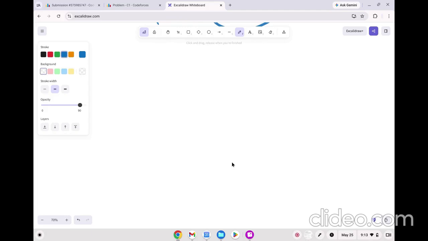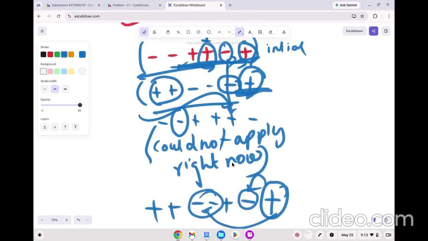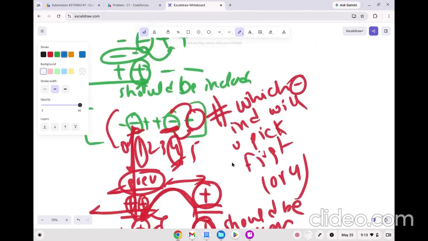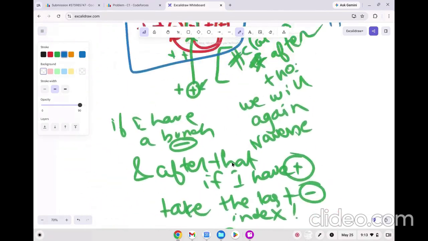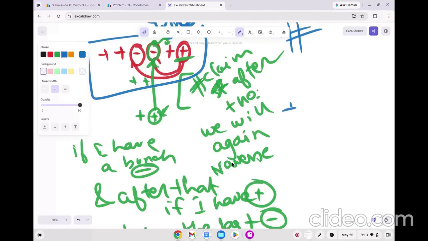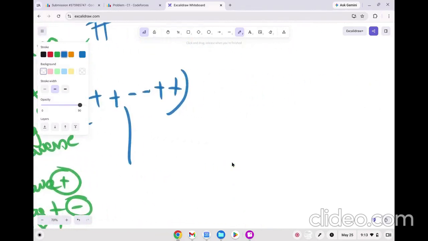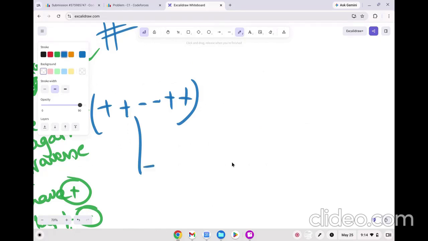Anyways, what we were talking about: I saw it again and understood that the place where we left off was if we had plus plus minus minus plus plus, right? We were discussing this. Now let's discuss this clearly.